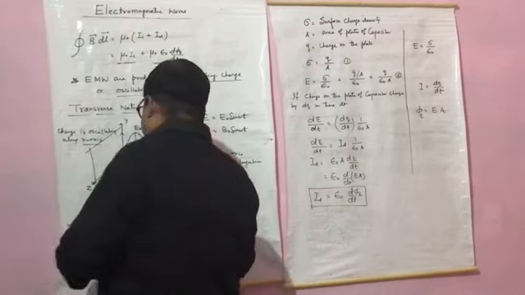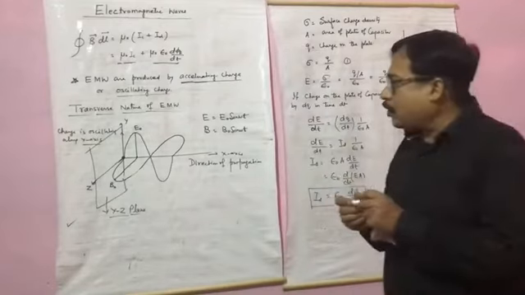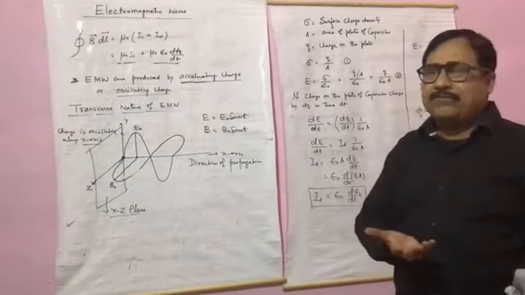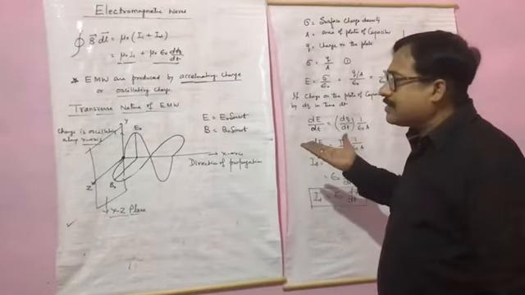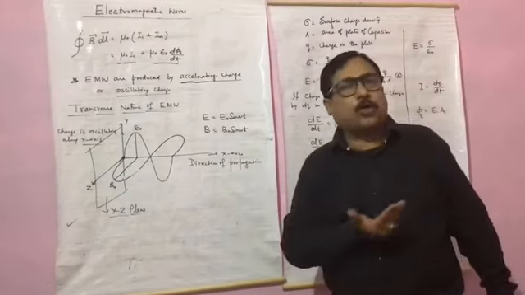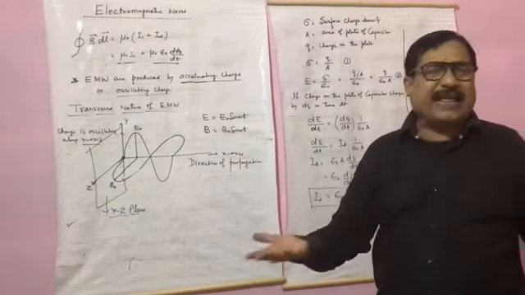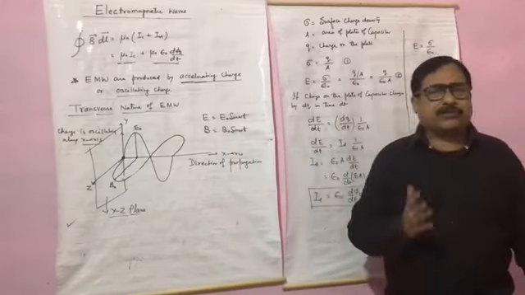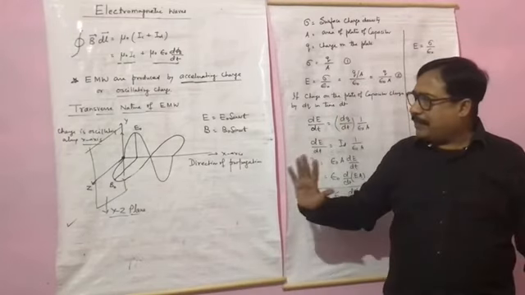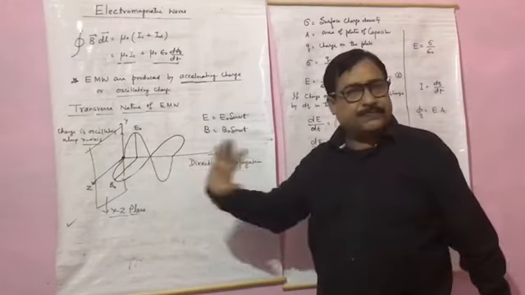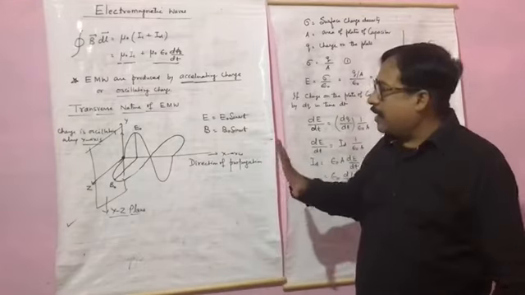So if we want to produce a wave moving along the z-axis, then we have to restrict the vibration to the xy plane. Simply, in any direction we can produce an electromagnetic wave by an oscillating charge. I think this is very clear to all of you.